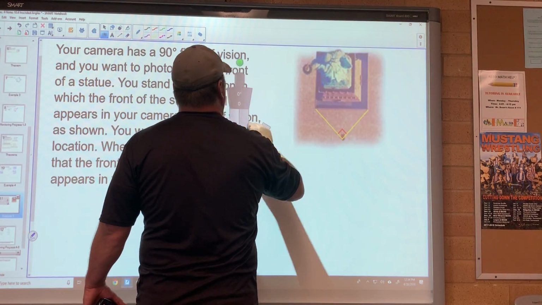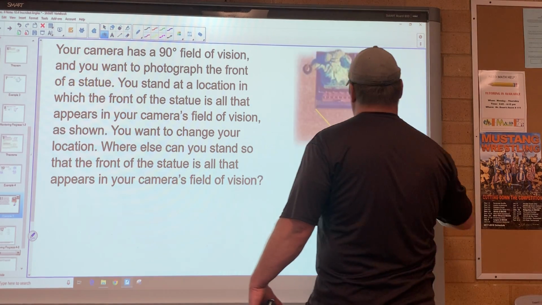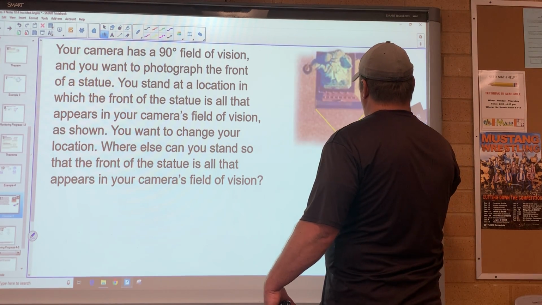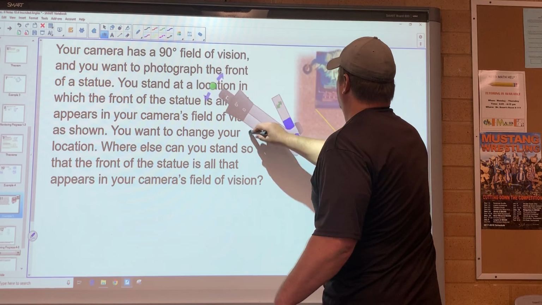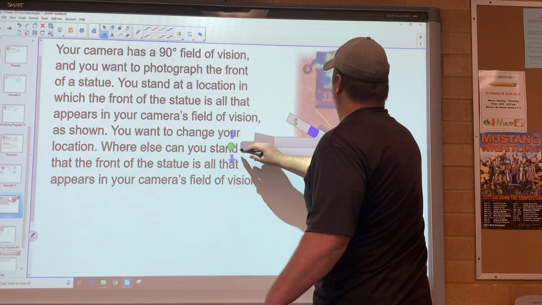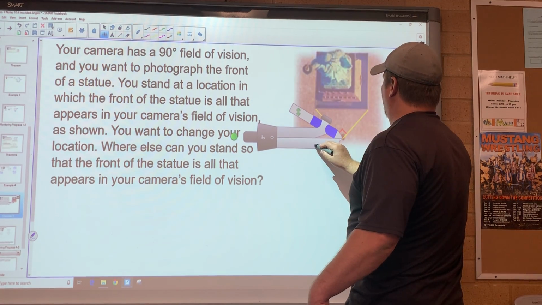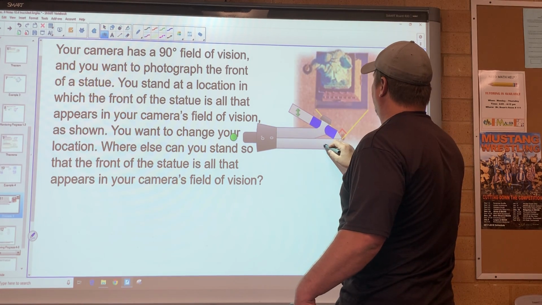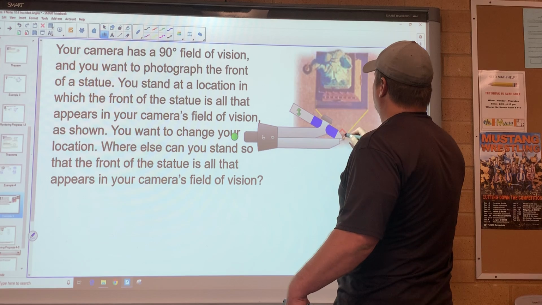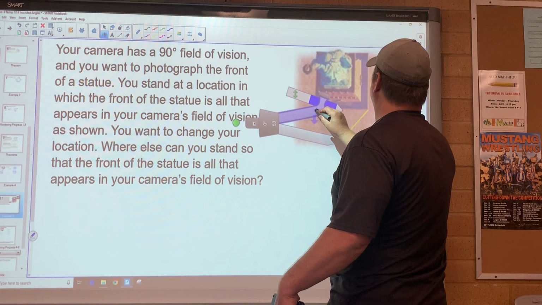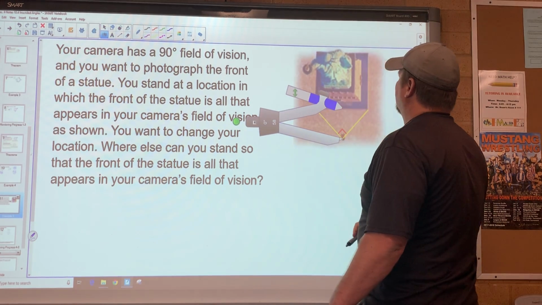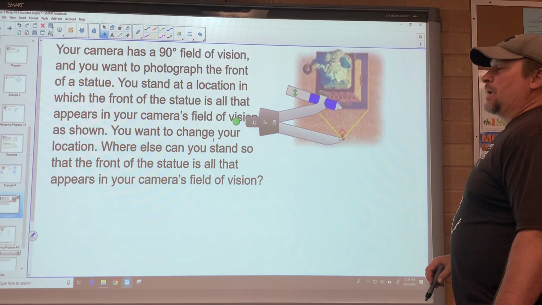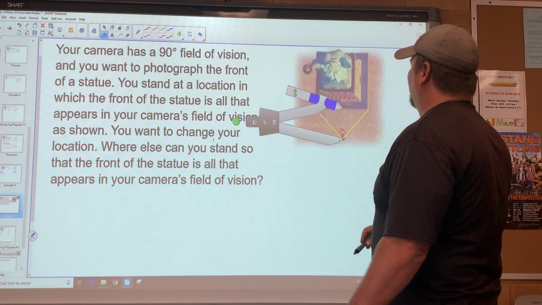Well, we would need to make sure we had a radius, you guys. And yeah, I know most of you don't have a compass at home or whatnot, you might. Our radius would be from here straight up to the edge of it. Does that make sense? Okay? So that's our radius.